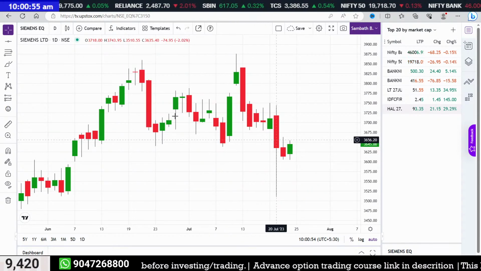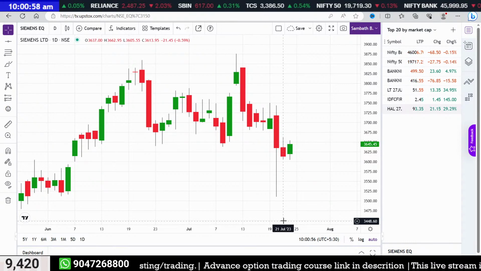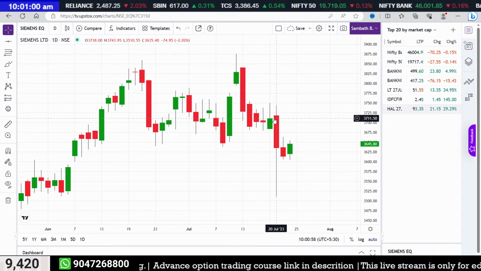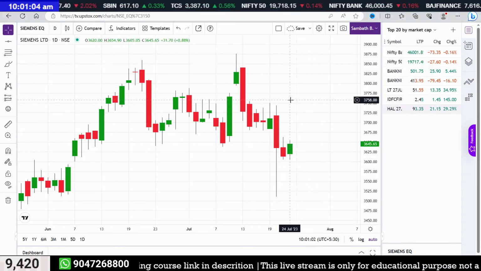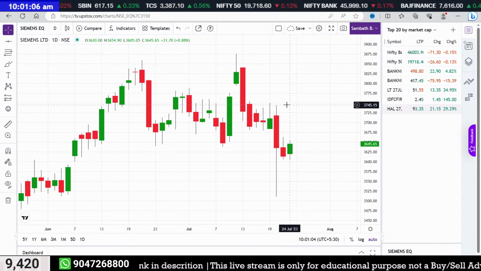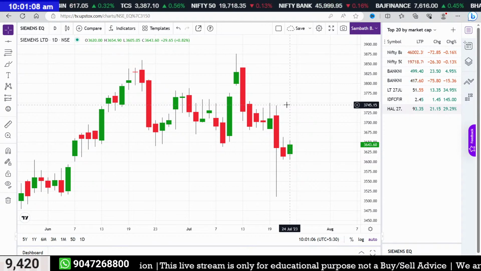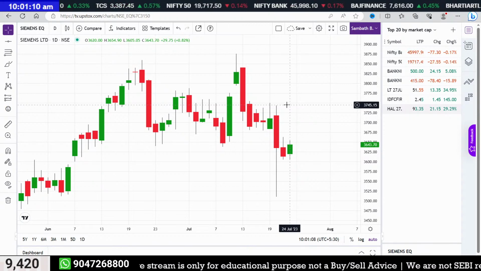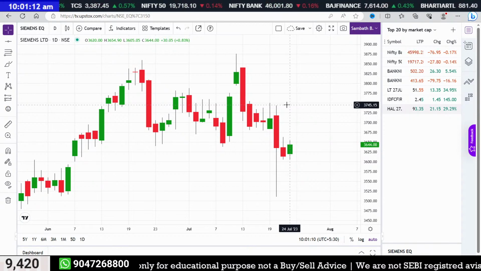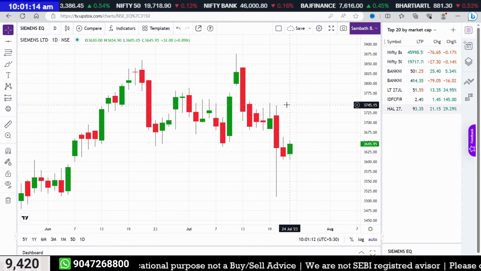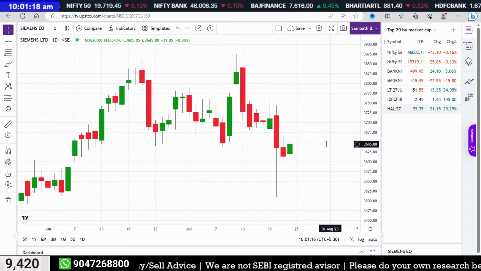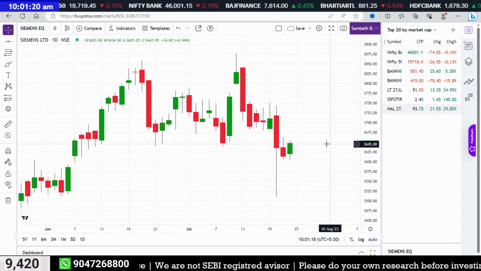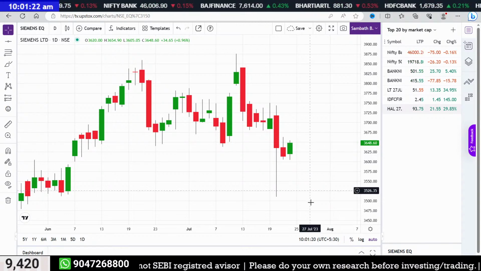But yesterday, the day before, that means 2 days back, on 20th July, it had a huge movement, so maybe some news and other things. Better to wait for the stock, Siemens, and hopefully it will recover.